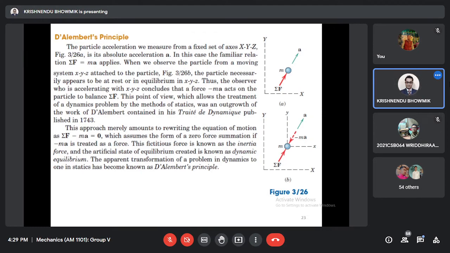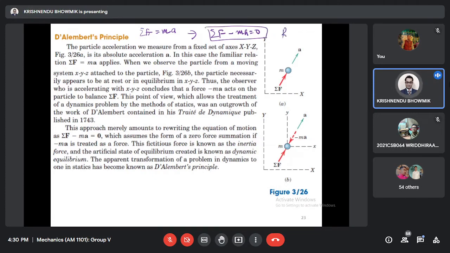That means till now what we did was summation F equal to ma. He told this is not only valid for a particle, but also for a three-dimensional body, and it can be replaced by F minus ma equal to 0.